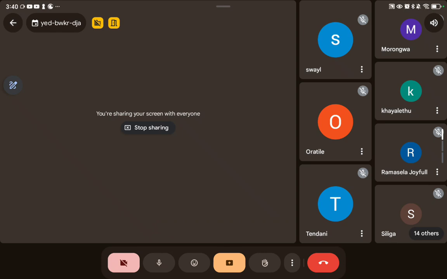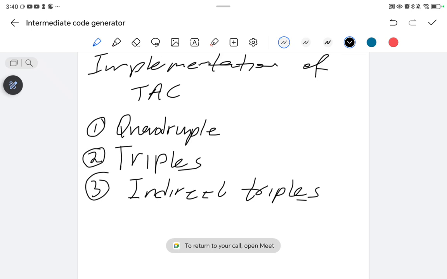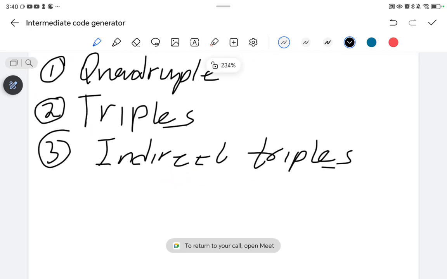We don't have time. At 4 o'clock, electricity is turning off. Did they teach you the indirect triples? I think so. You think so? I thought you replied, I was going to end the session. Usually if people are not participating, it means that you don't want to learn, right? So let's be careful.